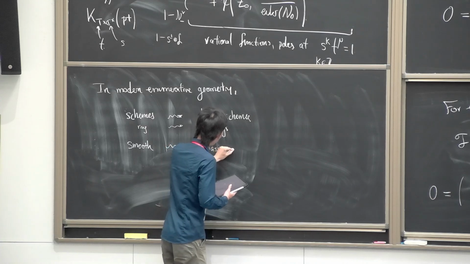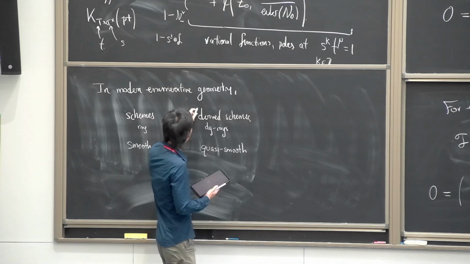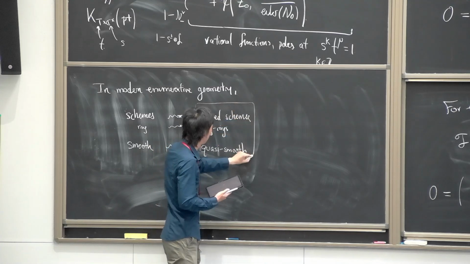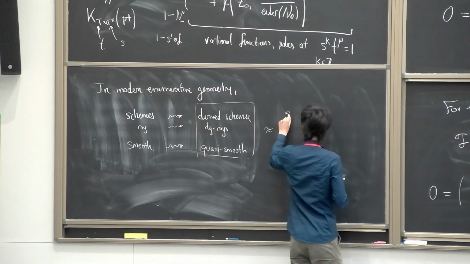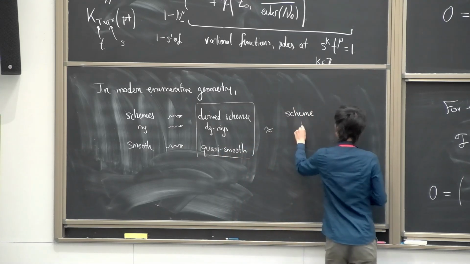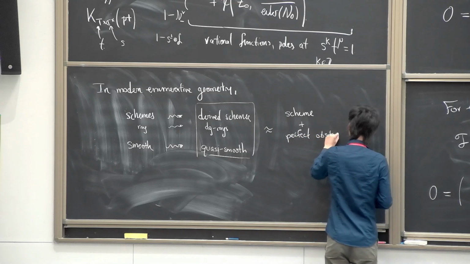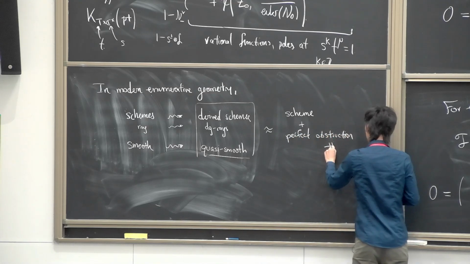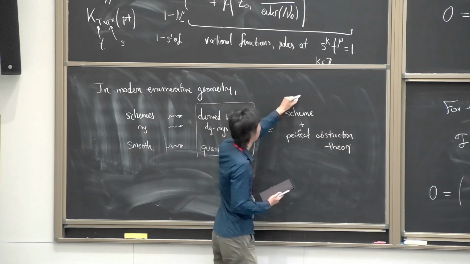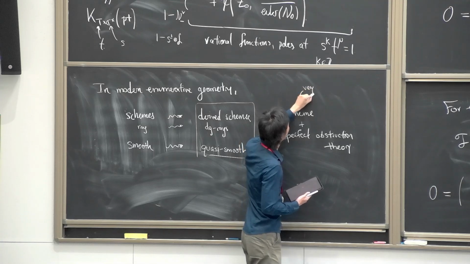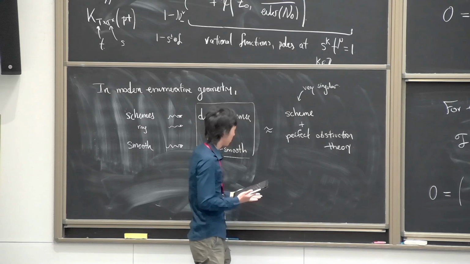Now, I'm not really qualified to talk about derived algebraic geometry, but the combination of having a derived scheme which is quasi-smooth is approximately equivalent to the more classical notion of having a regular scheme plus what's called a perfect obstruction theory. And in general, this regular scheme is going to be very singular. And what's a perfect obstruction theory?